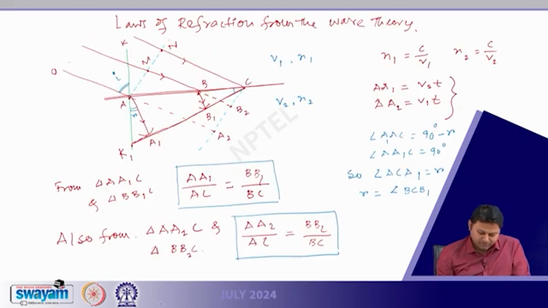That means, I am talking about this angle A2 A C. So, A2 C is 90 degree, this angle is 90 degree, and then A2 A C is this 90 degree minus this. So, this is I, because this entire angle is I.